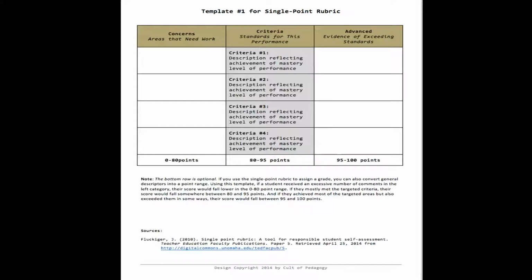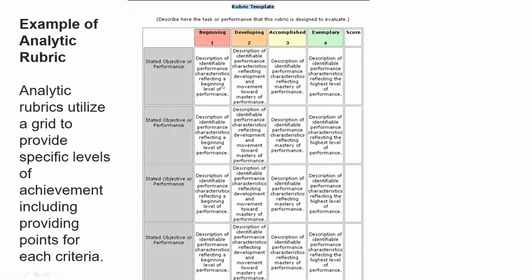Whereas if it's analytic, if I give you 4, 3, 2, 4, that's the score. It's very clear. The total marks will be based on where I put the score for which section.